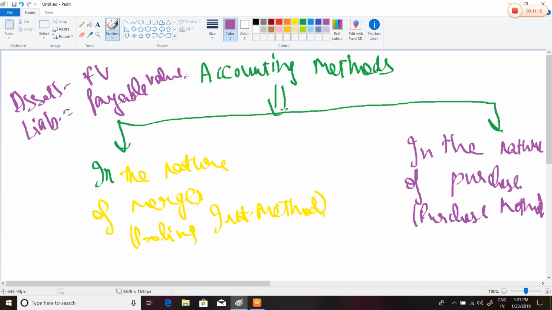One more thing. Usually, the vendor company pays its dissolution expenses or liquidation expenses. But in case the purchasing company is paying the expenses, the purchasing company will recognize goodwill.